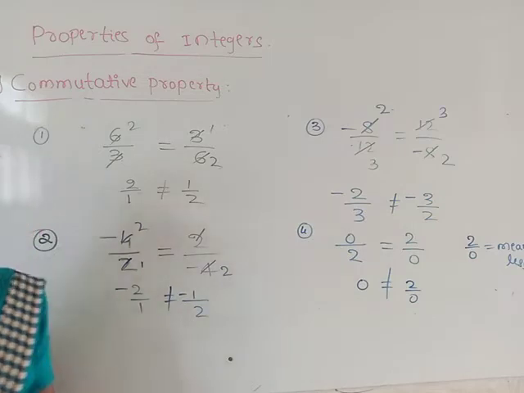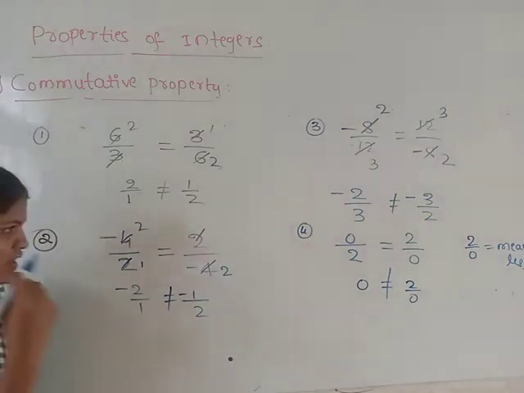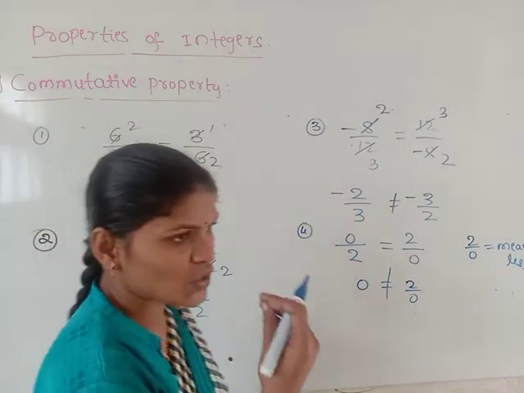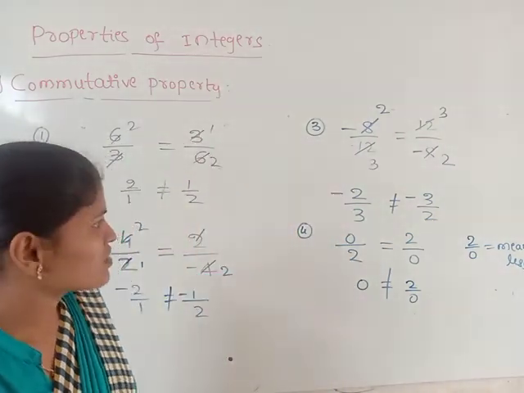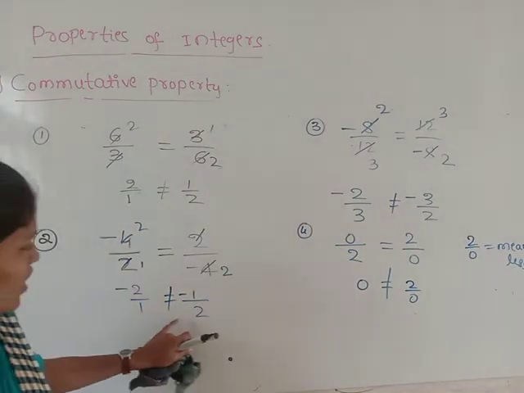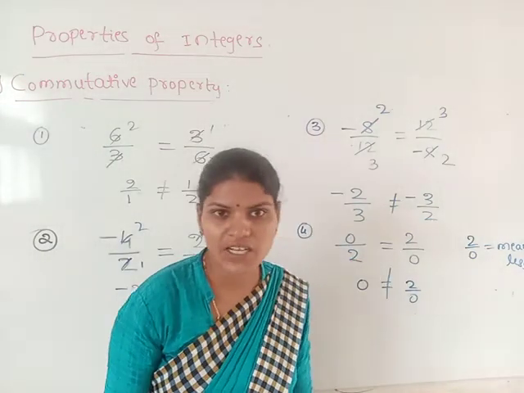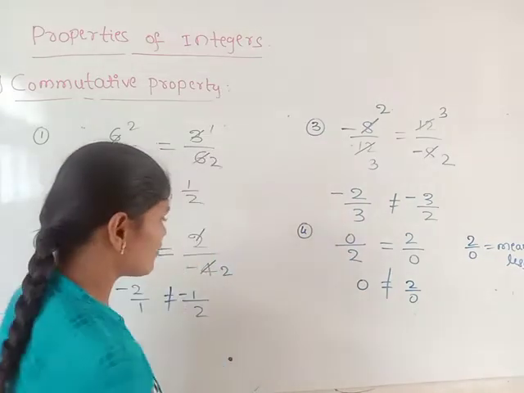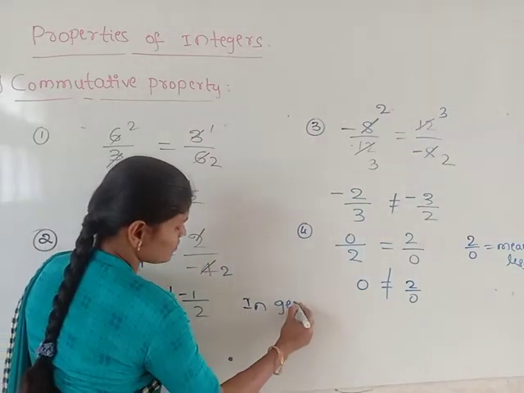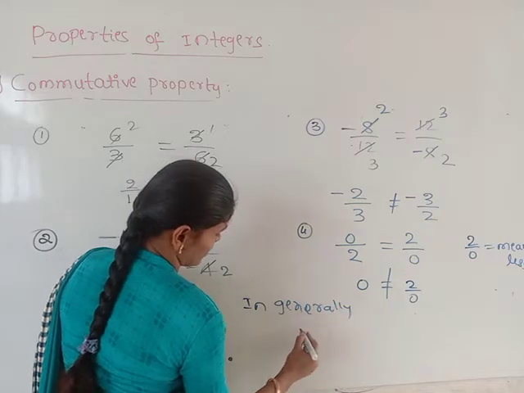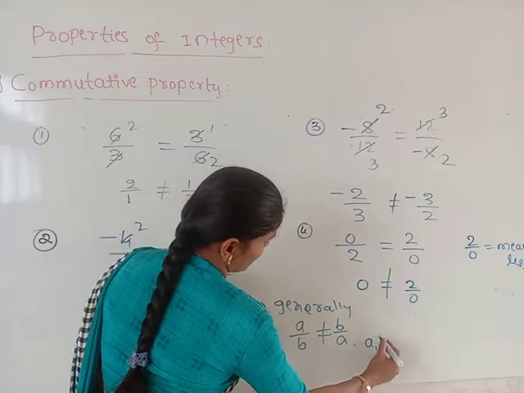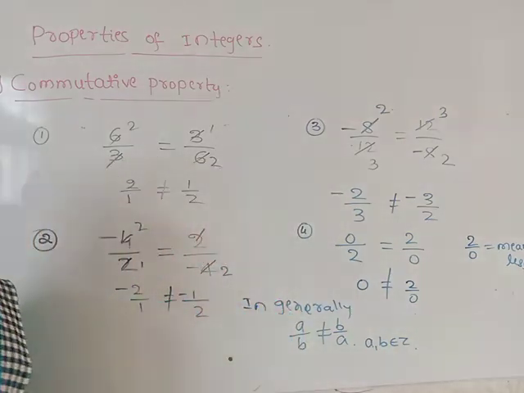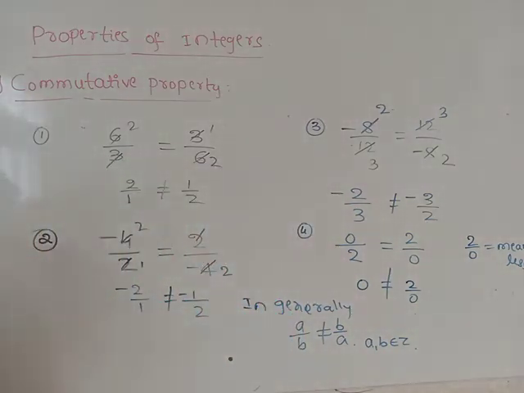Both are not equal. If you select 0 and one positive integer, or both positive integers, or both negative integers, we are not getting the same quotient on the left side as on the right side. So in general we can write: A divided by B is not equal to B divided by A, where A and B belong to the set of integers.